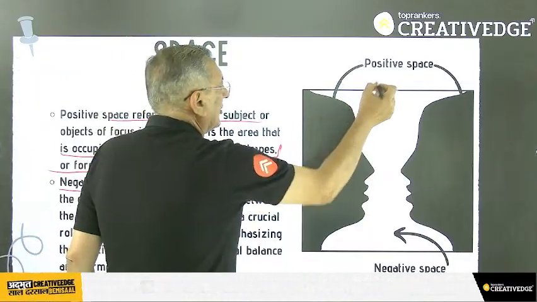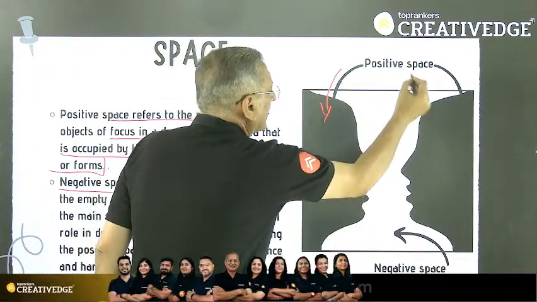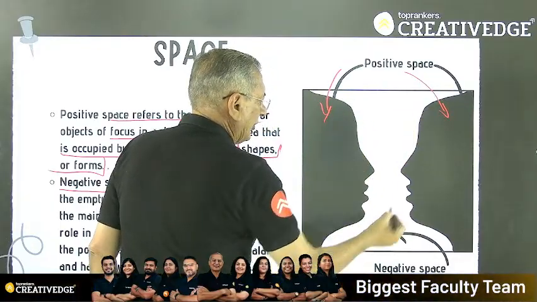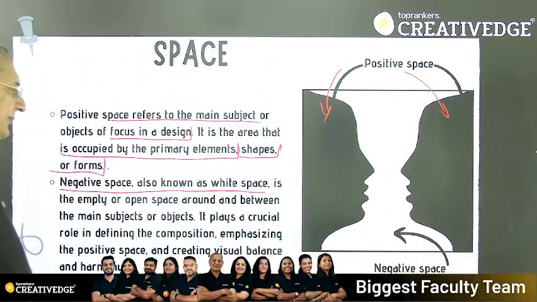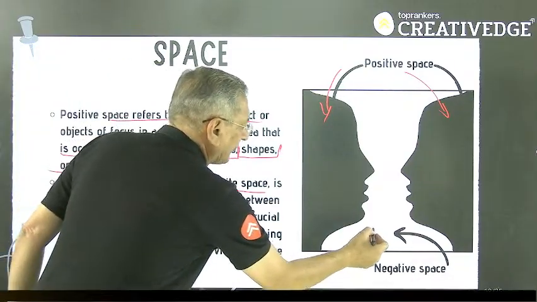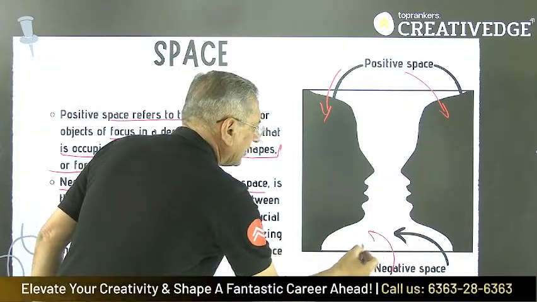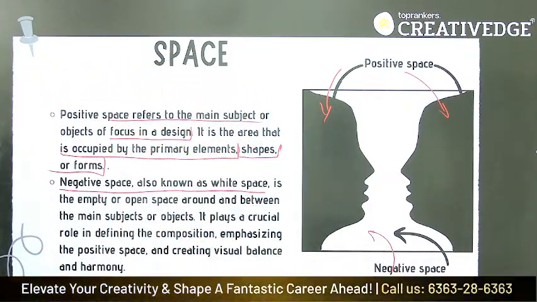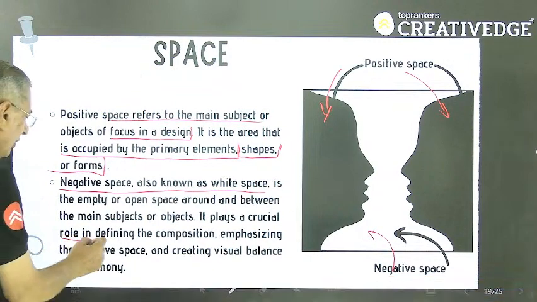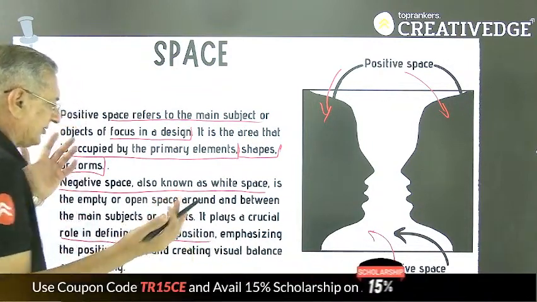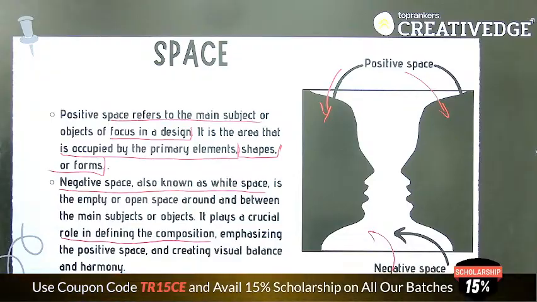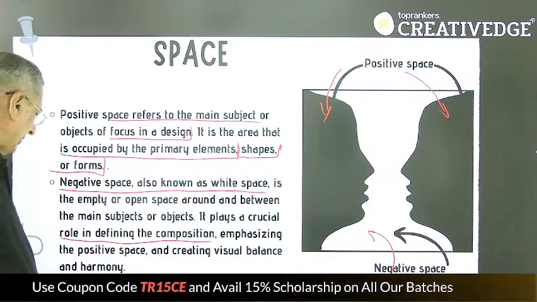Look here. Positive space are these, two faces that are drawn. And negative space is this white. It plays a crucial role in defining the composition, emphasizing the positive space and creating visual balance and harmony.